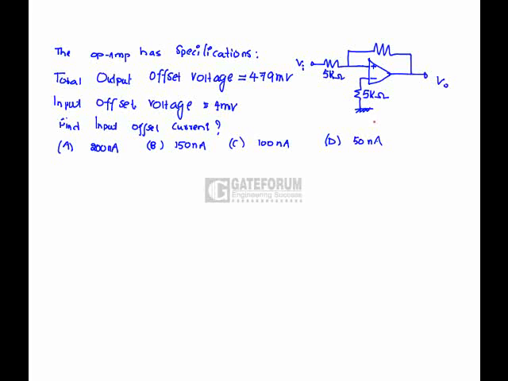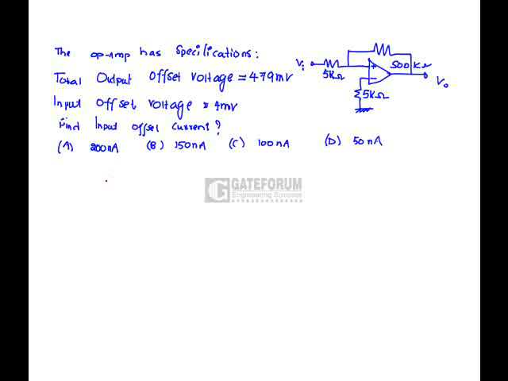Following specifications, the total output offset voltage is equal to 479 millivolts. Input offset voltage is 4 millivolts. Find the input offset current. Here the feedback resistance is 500 kilo ohms.